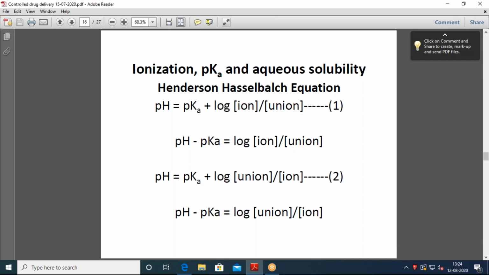So only the ratio will interchange. That is the only difference, and that is how we have to remember. For acidic drugs it is ionized by unionized, whereas for the basic drugs it is unionized by ionized.